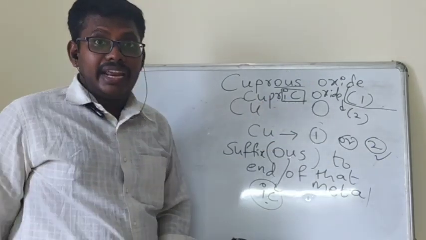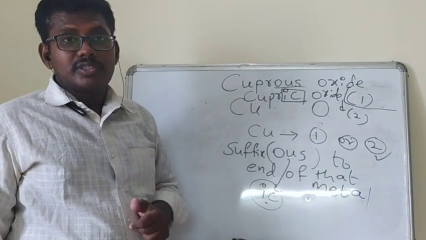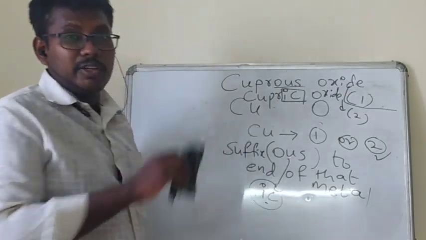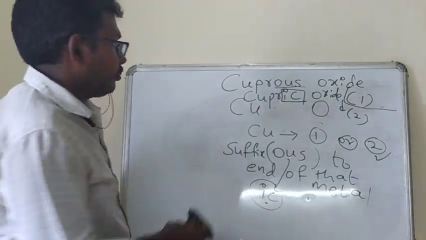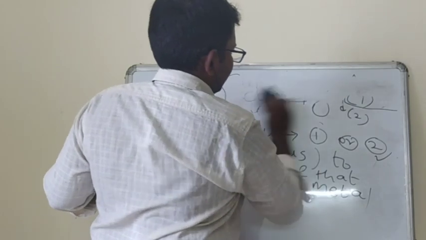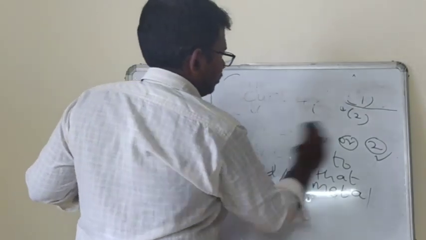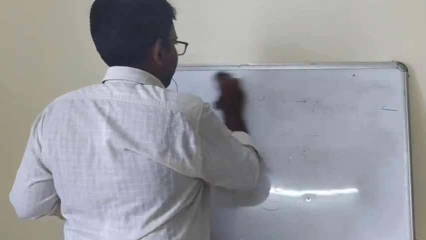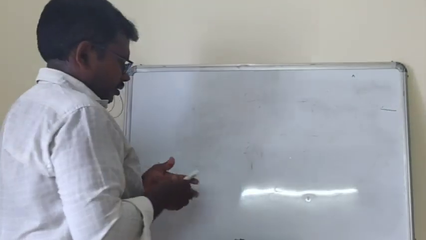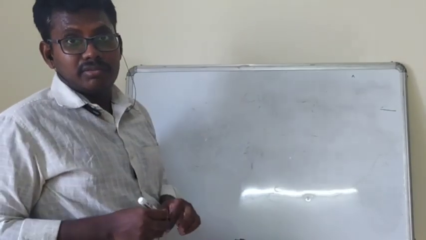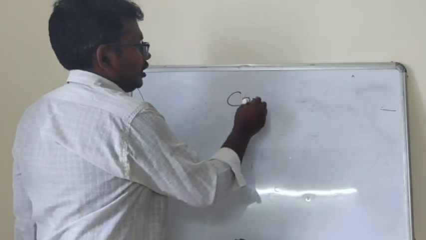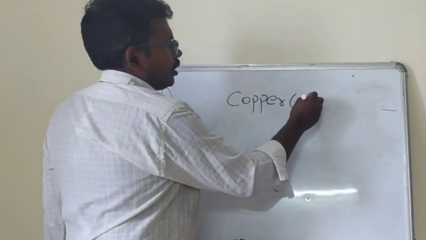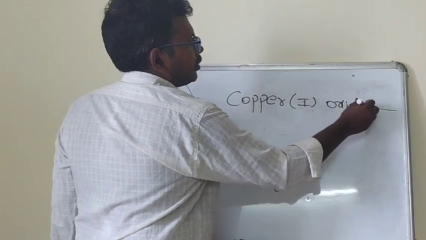Sometimes they will write without "ous" also, they will use another name. What does that mean? They will use another type of method. For example, for valency 1, they will use Roman numbers: copper 1 oxide.